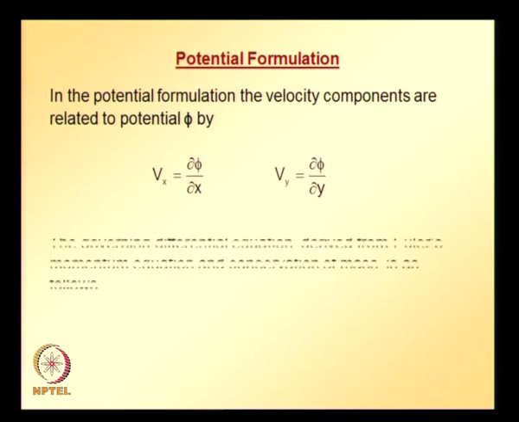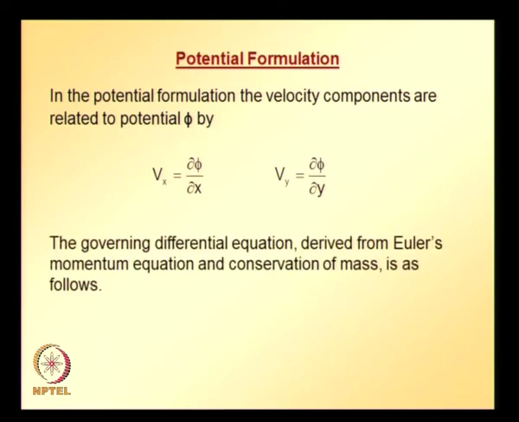The governing differential equation derived from Euler's momentum equation and conservation of mass is this one. So, basically we are required to solve this second order differential equation for phi, subjected to some boundary conditions.